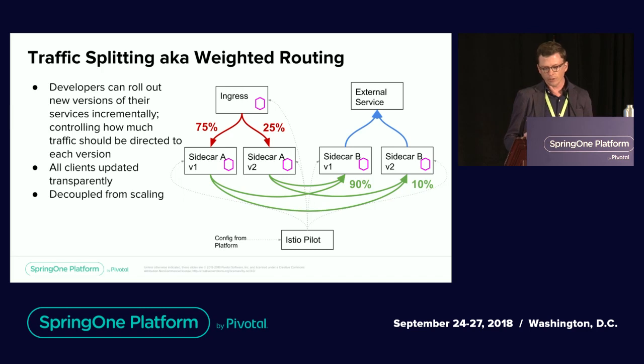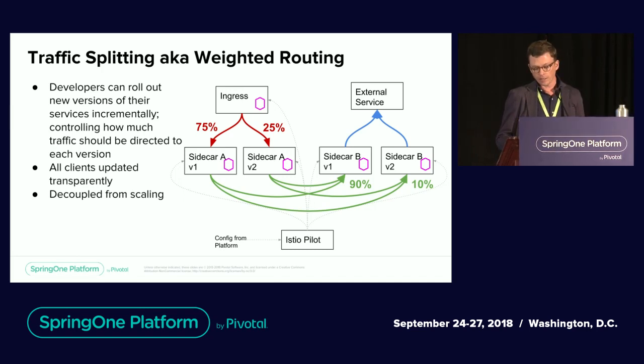And similarly, the author of service B, represented by sidecar B, has decided that 10% of traffic should go to their version 2. But that policy gets applied to all client applications, so both versions of service A.